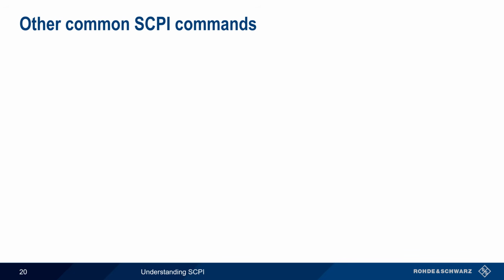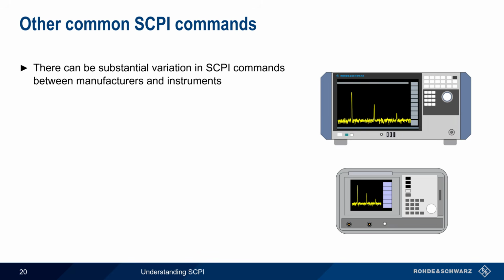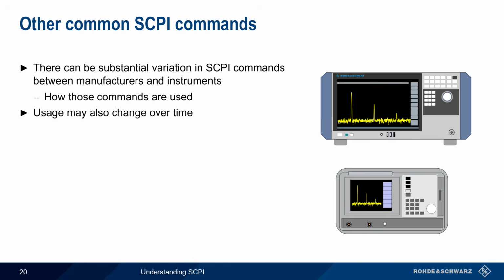As we can see from the previous examples of sense, calculate, and measure, there can be substantial variation in standard SCPI commands between manufacturers, and even between instruments from the same manufacturer. This difference may be how these commands are used, and in some cases these commands or usage may also change over time. That is, subsequent generations of instruments may use different commands than previous generations.